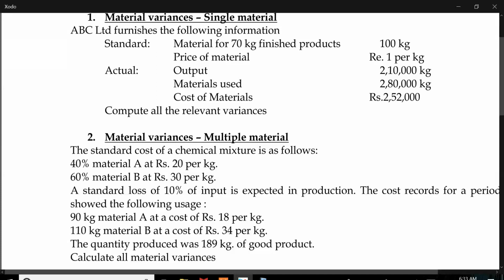Question number 2. Point number A, problem on multiple materials.